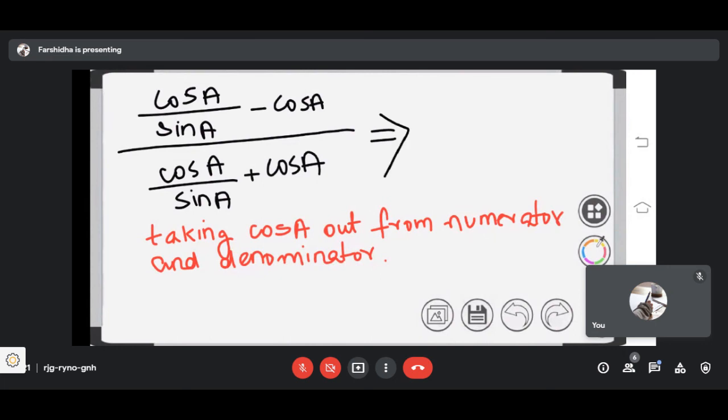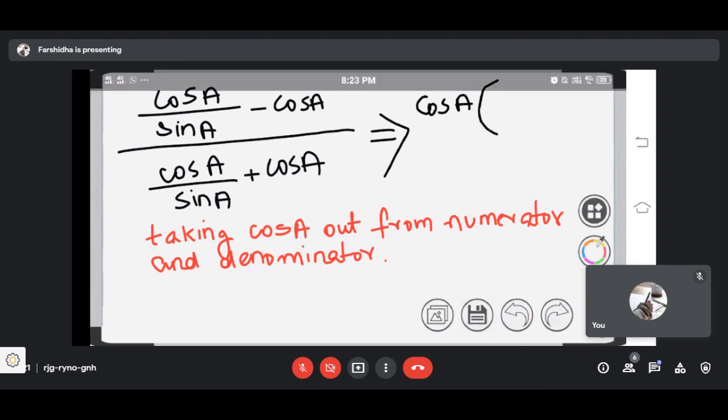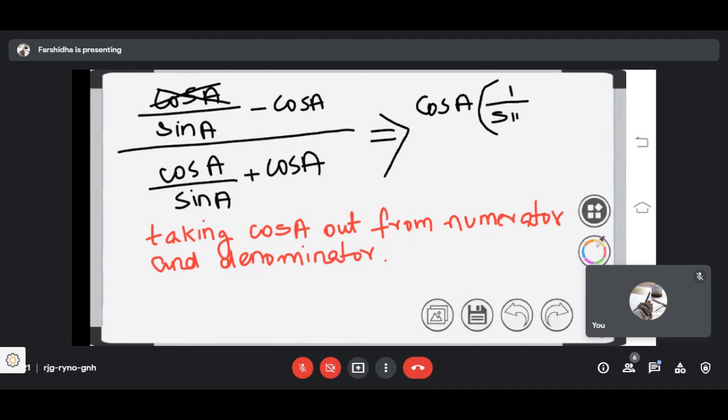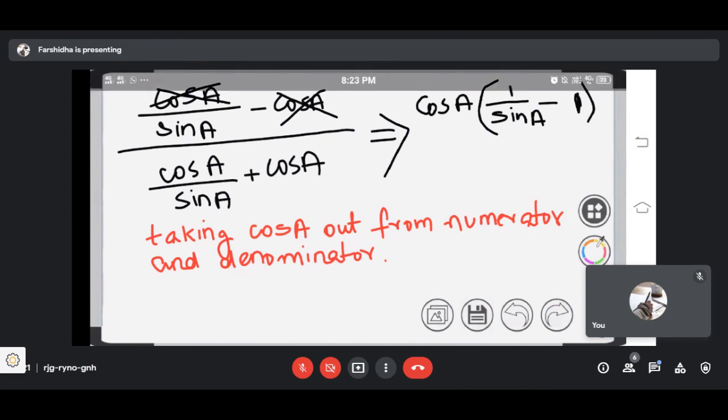See here. From the numerator, I have taken cos A out. So what will remain inside the bracket? 1 by sine A, minus, from here also I have taken cos A out. What is remaining? Don't tell 0, it's 1. 1 will remain there.